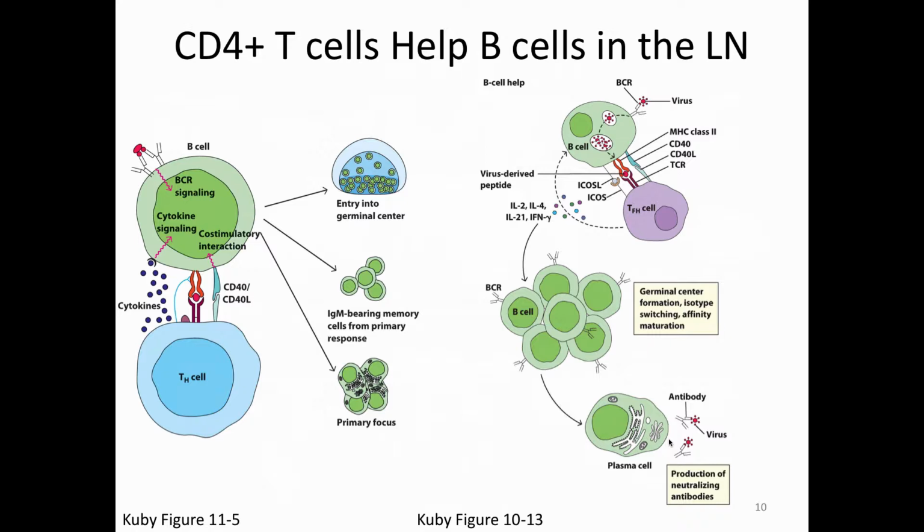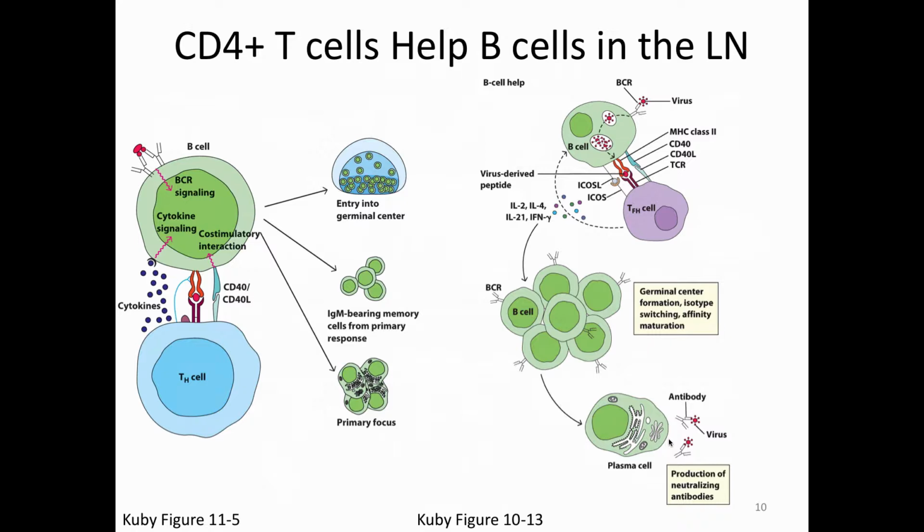Remember, this is MHC class 2, so this must be a CD4 positive T cell. And this will allow our T cell to provide B cell help using CD40 ligand. Specifically, this is a T follicular helper cell because we are in the follicle, and that we have recently seen as the job of the T follicular helper cell.